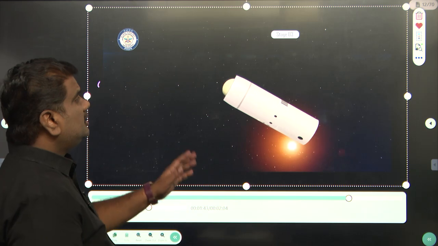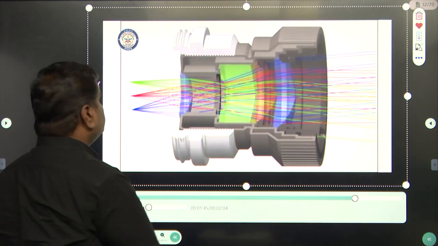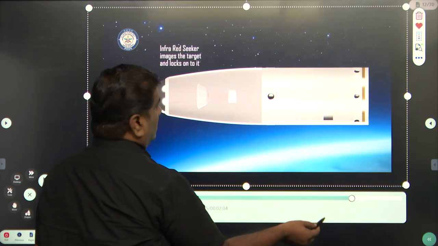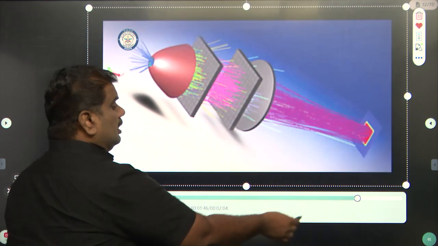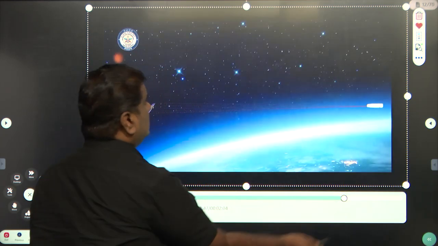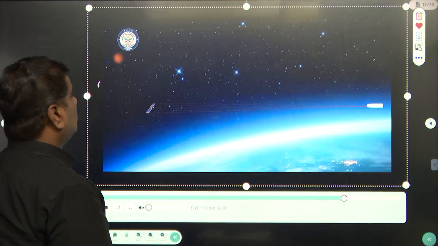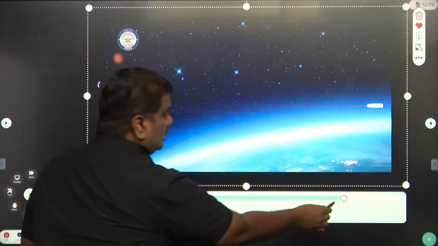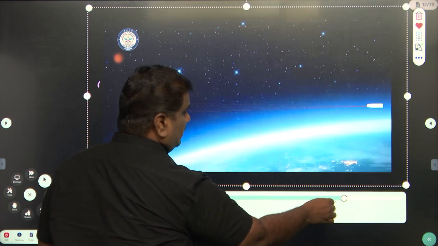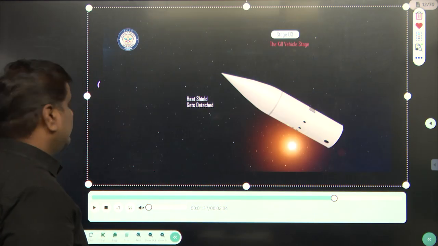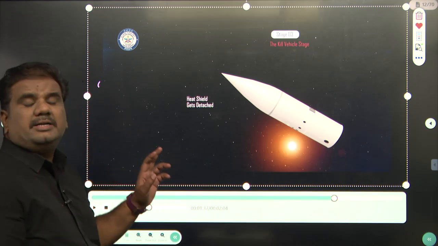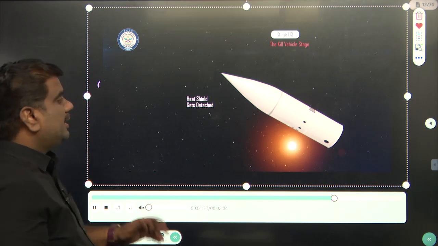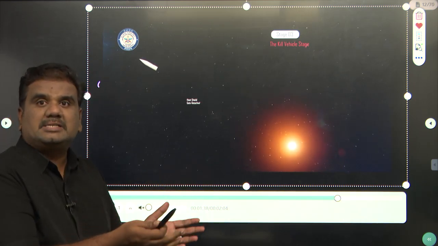Now the moment the heat shield is separated, the infrared seeker will lock onto that spy satellite. The infrared seeker present in this device gets exposed once the heat shield separates.